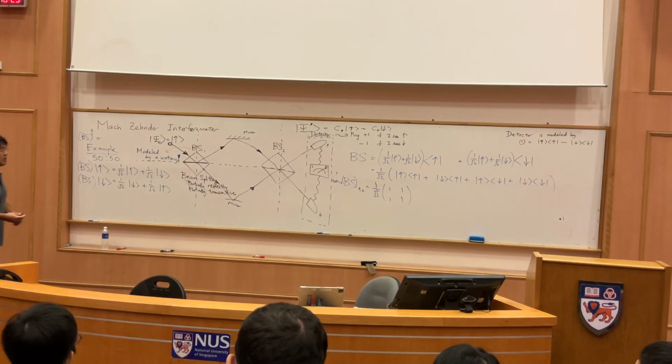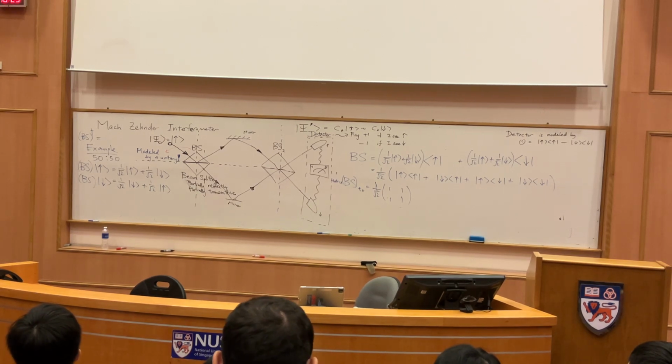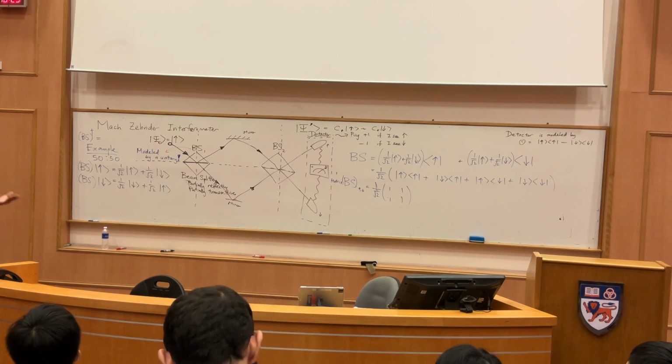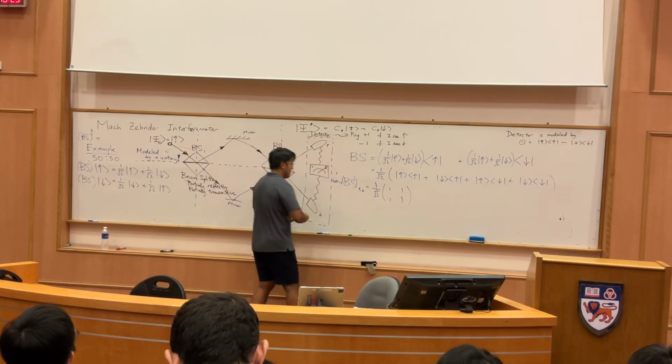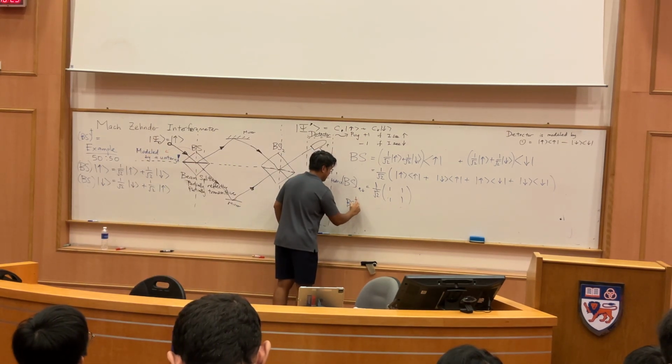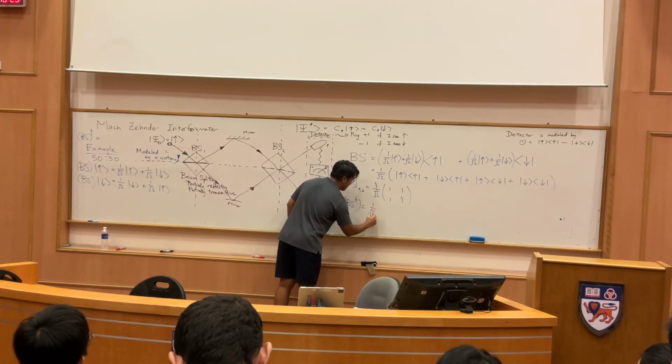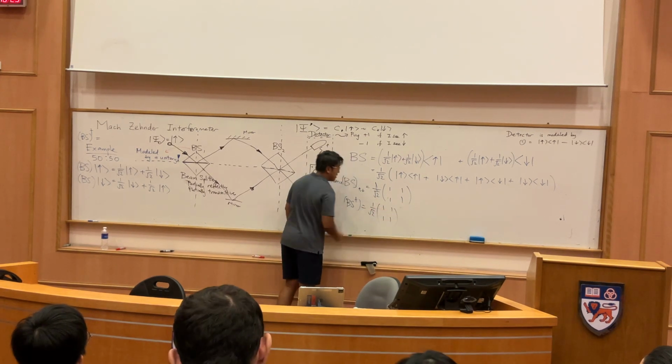Okay, so now we can ask the question, is it unitary? Some people are shaking their heads. How do you see that? Just calculate. It's 1 over square root 2 times 1, 1, 1, 1.